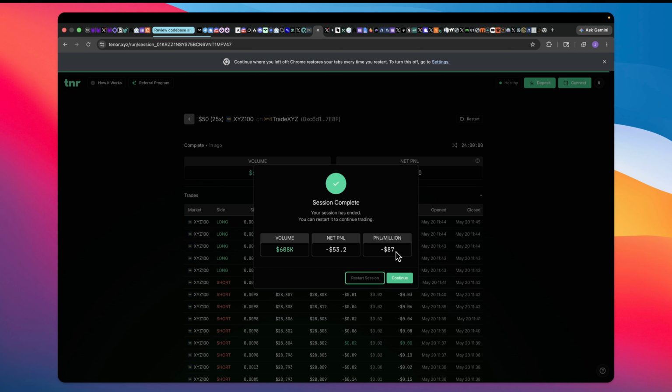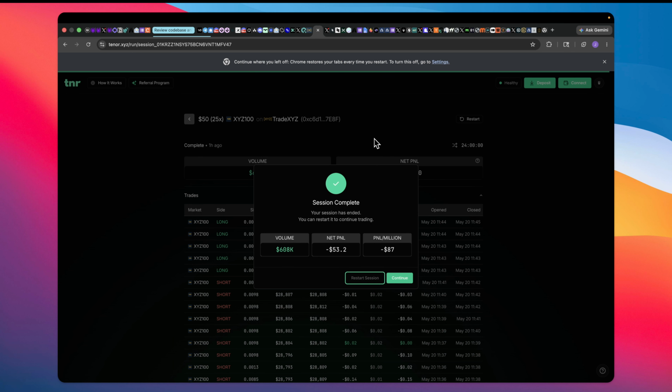In fact, 6x cheaper than if you were to trade on TradeXYZ. Now, this is so good to know, and I'll be using this tool going forward because you can generate volume on both Trade and automatically Hyperliquid at the same time. We all know what the airdrop was looking like with Hyperliquid, so this is good to know.